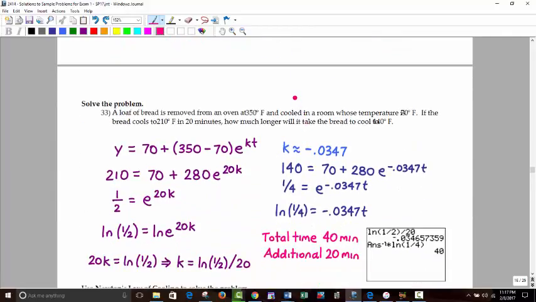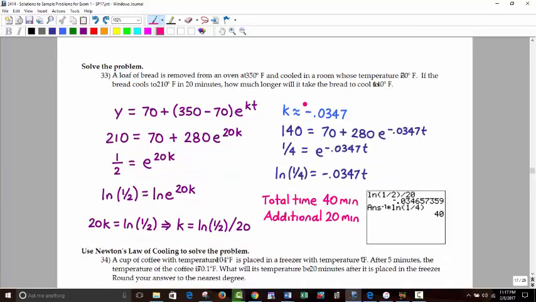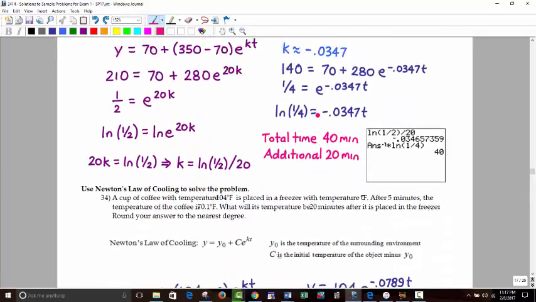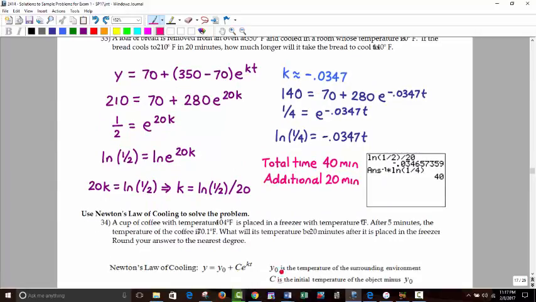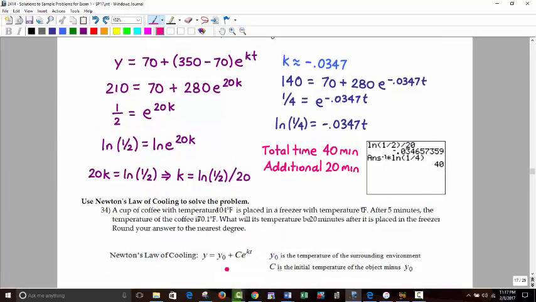All right, now we've got a Newton's law of cooling problem, and that formula is on the formula sheet. I guess I didn't have enough room to put it up here, but there it is right here.